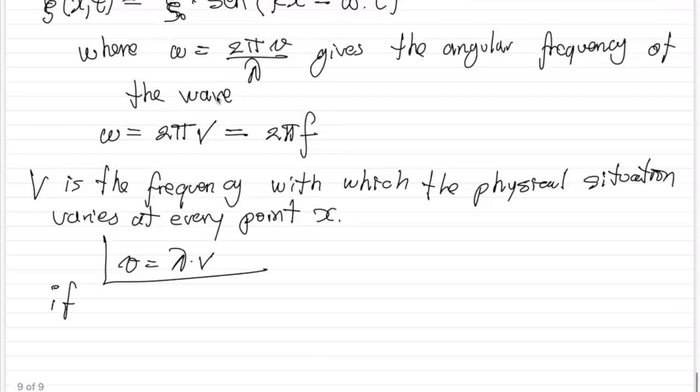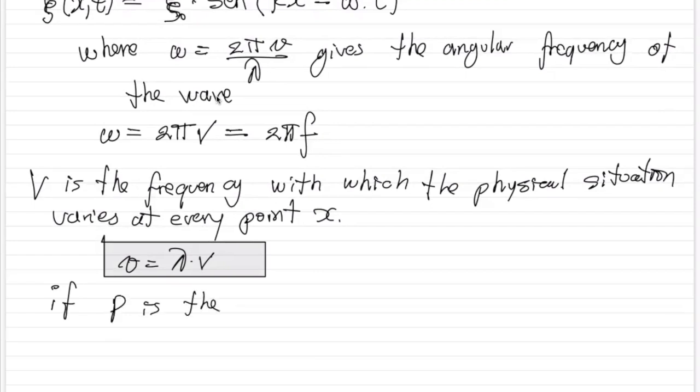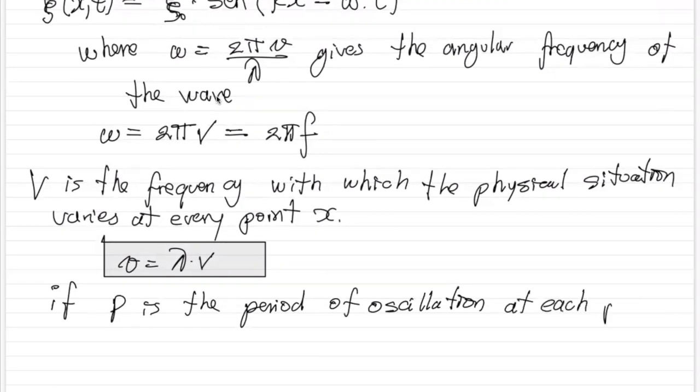So if P is the period of oscillation at each point, then P is equal to 2 pi over the angular frequency.